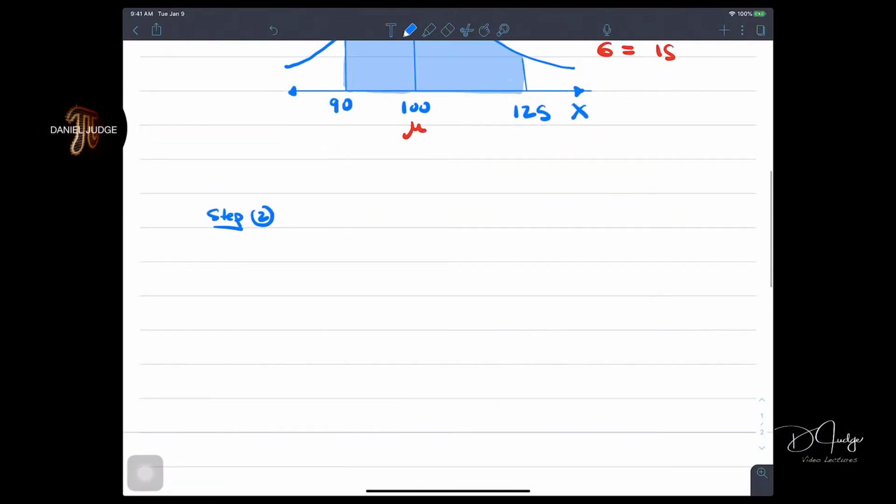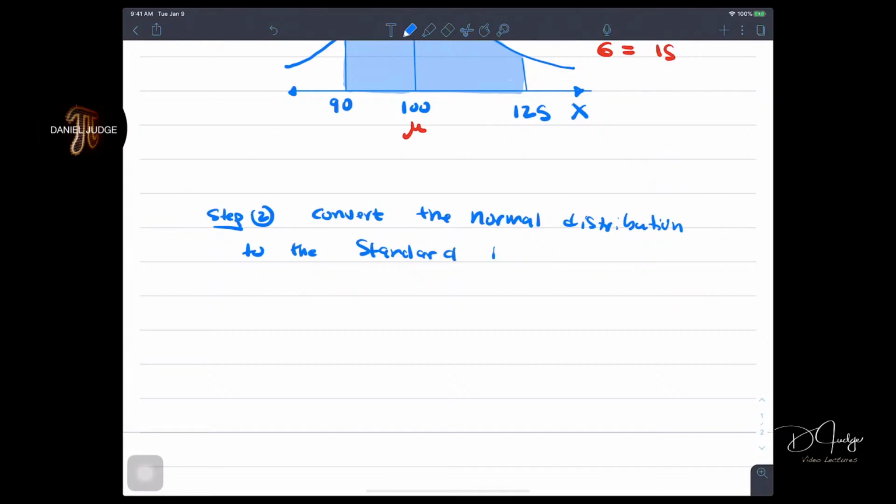Now, the second step is to convert the normal distribution, which is what you're looking at in step one, to the standard normal distribution.